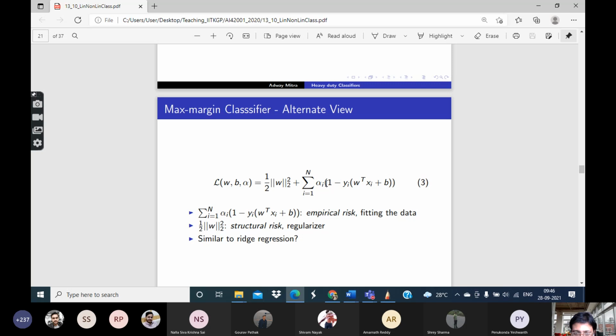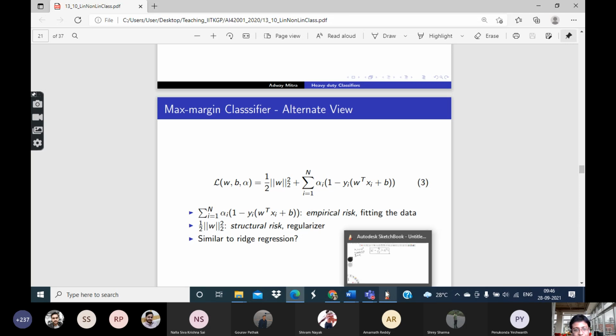As you can see, the L2 norm of w is basically w transpose w. It's the inner product, a dot product, of w with itself. A dot product is definitely a scalar. One is of course a scalar. yi is a scalar. w dot xi is a scalar. So the entire thing is a scalar, and this alpha or lambda will also have to be a scalar.